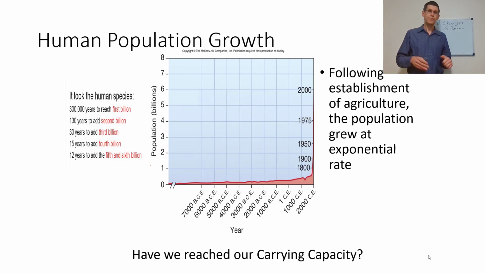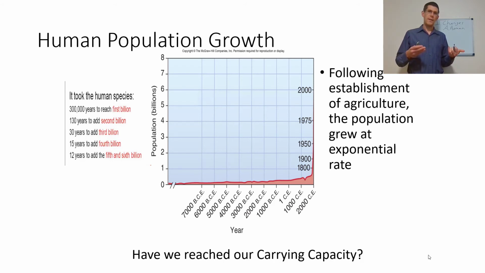Reduction in death. Increase in the number of children that survive through vaccinations for things like polio and measles and mumps. Increase in agricultural delivery, so delivering the agricultural products to population centers. All of these have changed the carrying capacity and have changed the ways that humans interact with the carrying capacity. So much the same way, organisms that discover a new niche will increase above what looks like a carrying capacity.